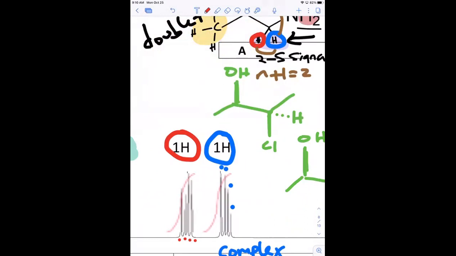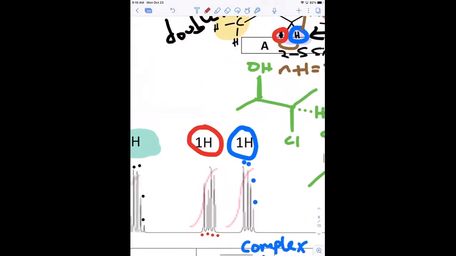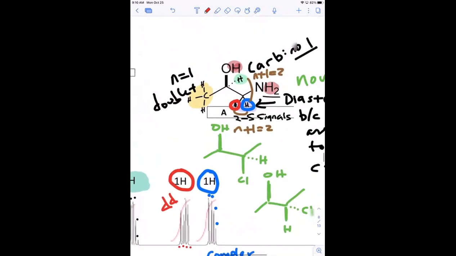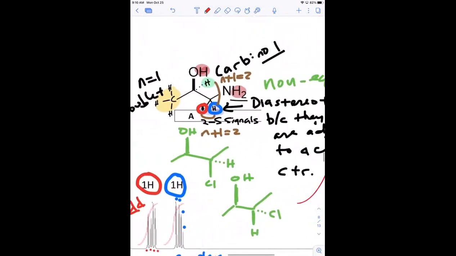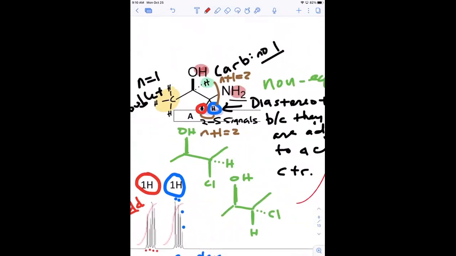That's 4 different lines. So that also is, I'm just going to abbreviate it, a doublet of doublets. For the same reason, it's going to split with the blue and with the highlighted green proton. All right, any questions about that?